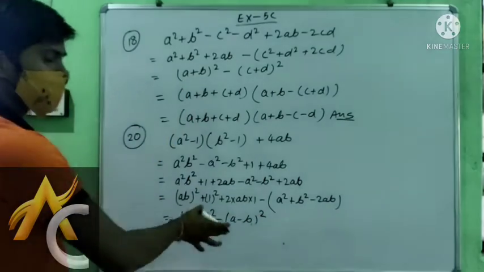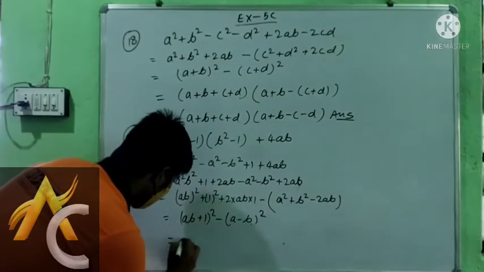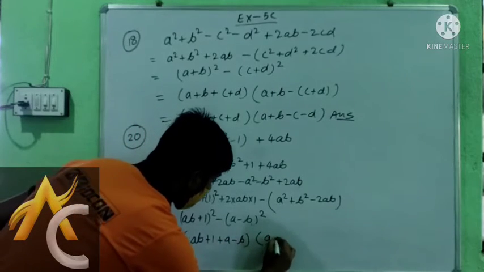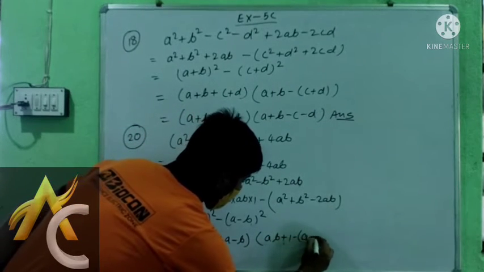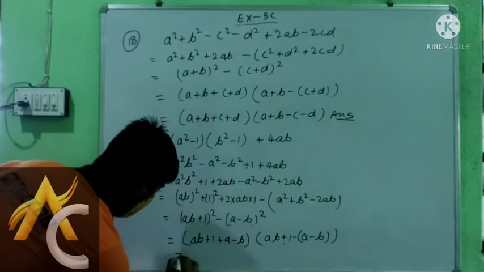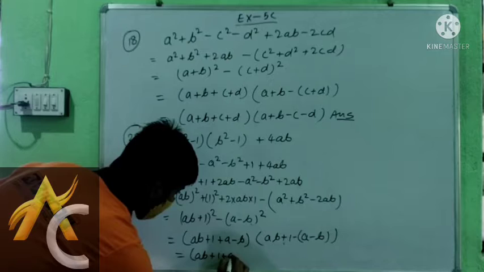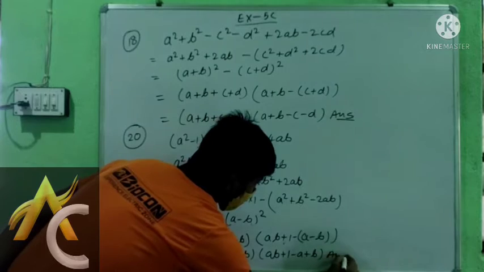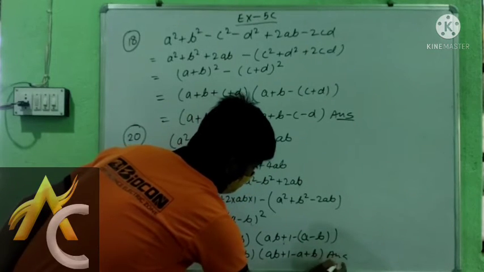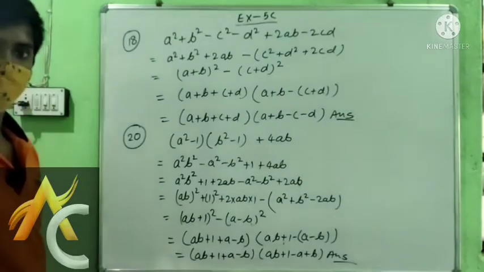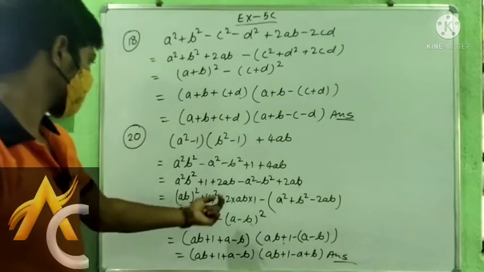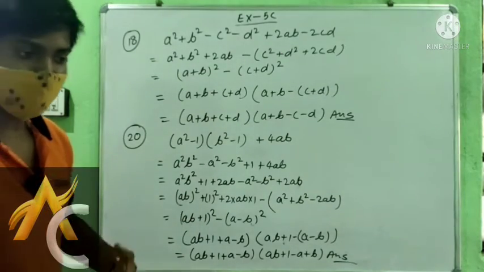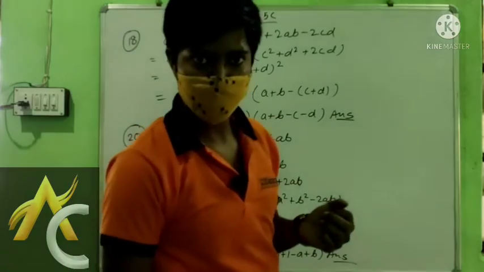Now it is in the form of a square minus b square, so it will be ab plus 1 plus a minus b into ab plus 1 minus a minus b, which is ab plus 1 plus a minus b into ab plus 1 minus a plus b. This will be your answer, minus into minus is plus. Okay, simple. This is a little tricky one, but you can manage it with more practice and practice.